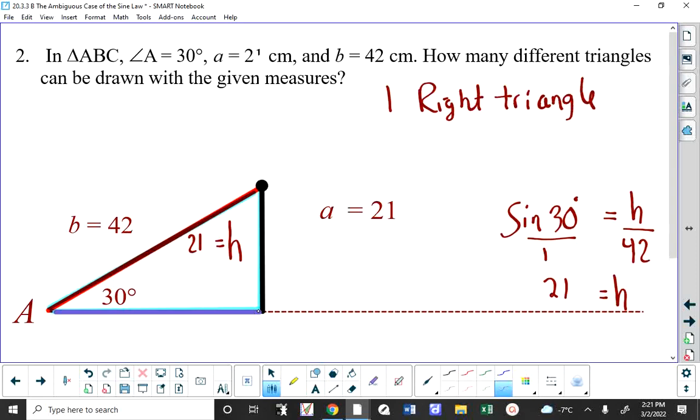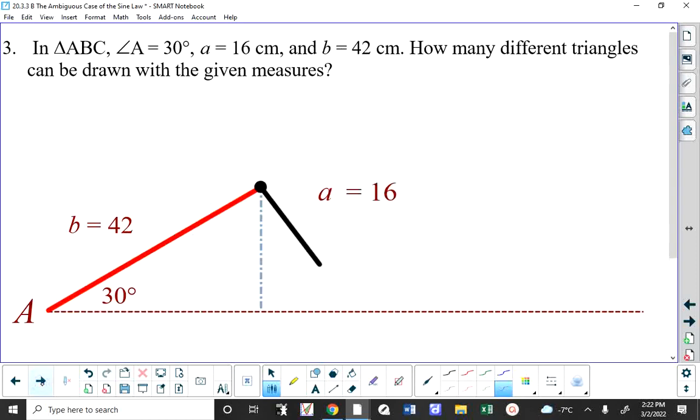In the previous question, I didn't put it, but there were two triangles, and we would call those two oblique triangles because they're not right triangles. Any questions with 2? I hope it's pretty clear how many triangles we're going to get here.